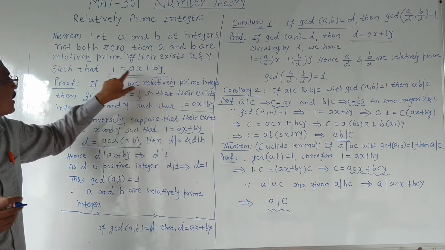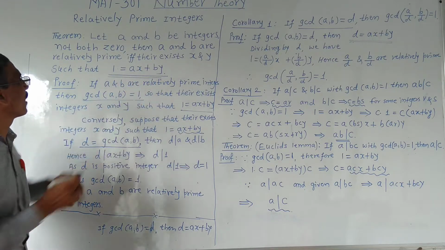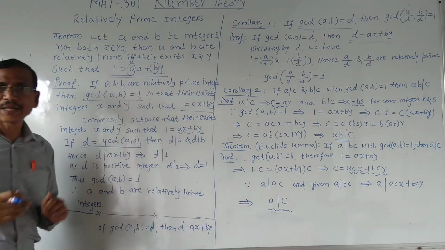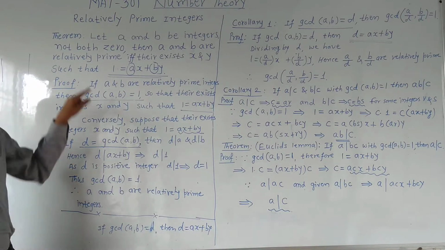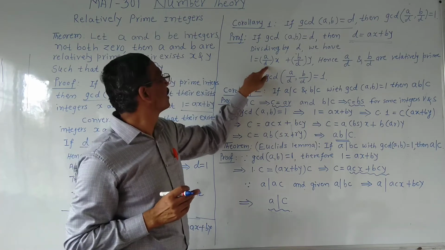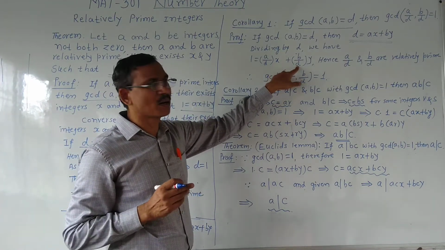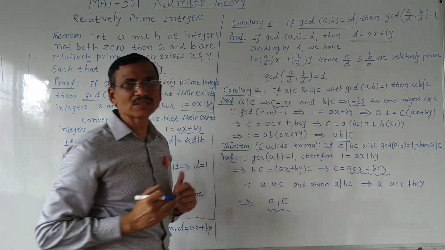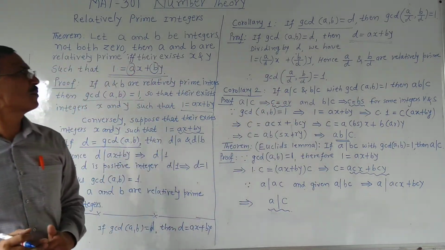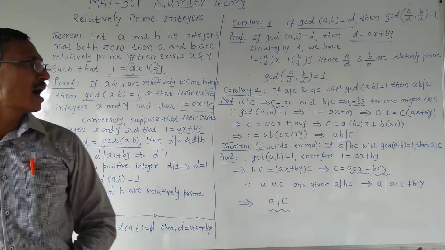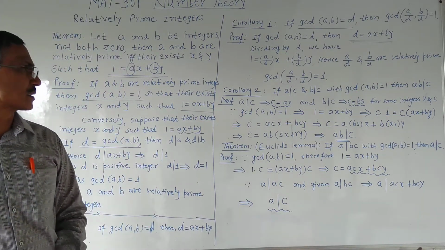We have proved that if 1 is equal to ax plus by, then the two integers a and b are relatively prime integers. Now using this theorem, as we have 1 equal to a divided by d into x plus b divided by d into y, these two integers must be relatively prime. That means a divided by d and b divided by d are relatively prime integers.